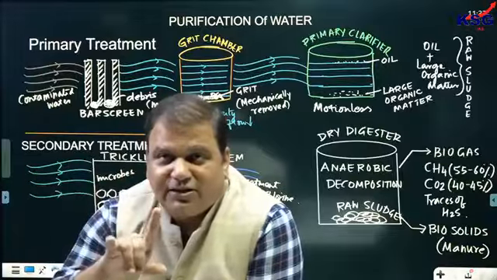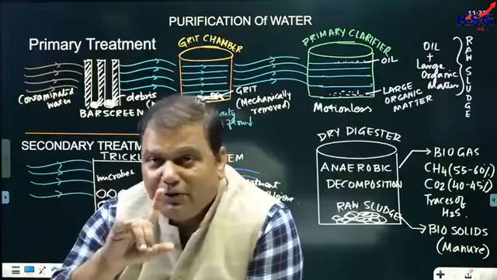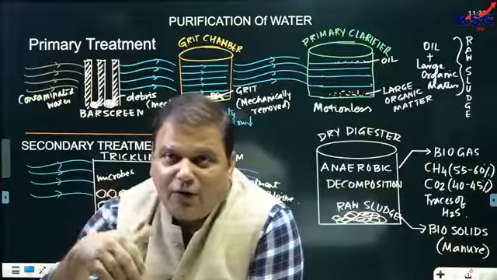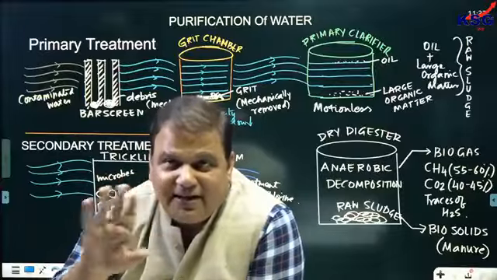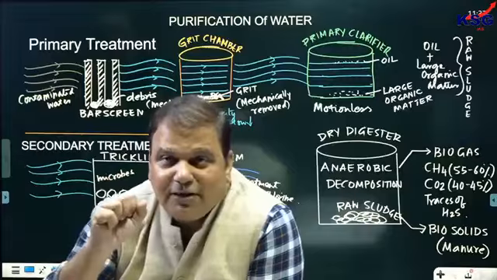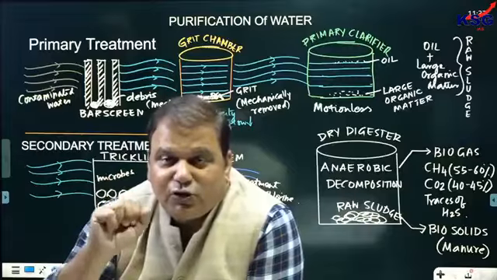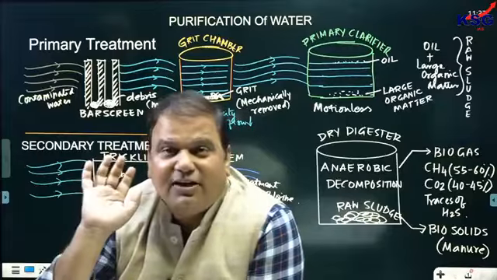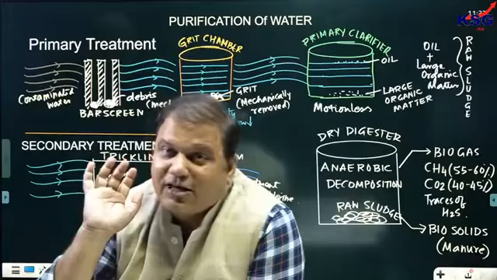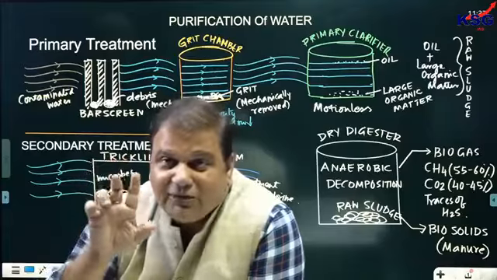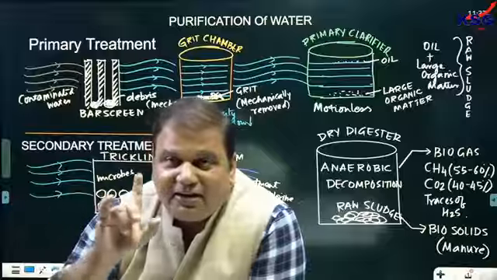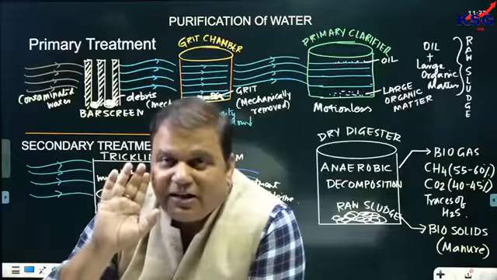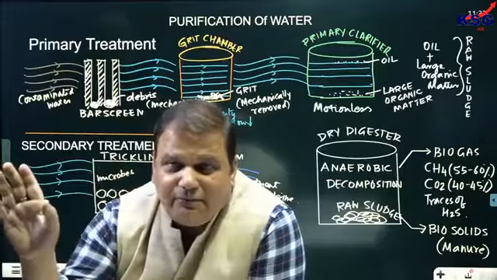Traces of H2S present in it would also be removed with the help of activated carbon. What is remaining is nothing but methane, natural gas, which would be compressed and stored in cylinders and used for transportation purposes. So we can see that CNG, compressed natural gas, and compressed biogas are chemically identical.